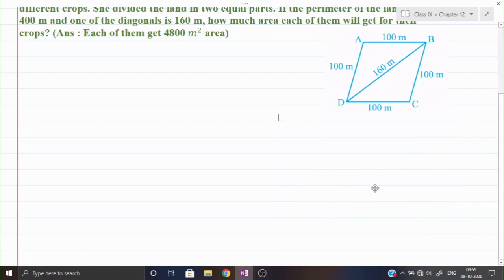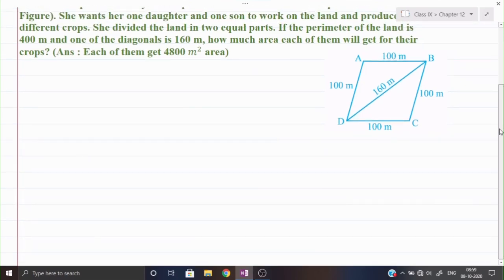First of all, we will mention what is given to us. See, the perimeter is given as 400 meter and one diagonal is given.